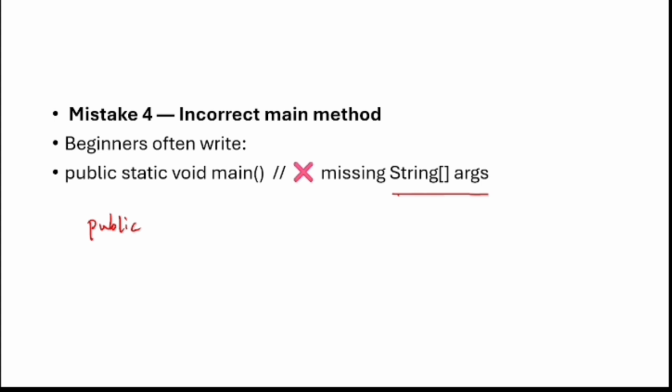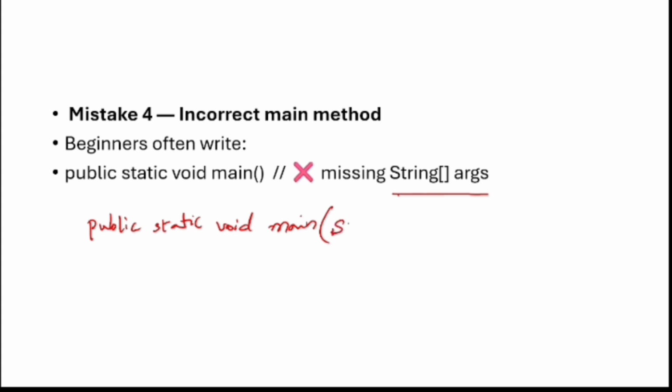The actual program execution starts from the main method. And there is a standard line for that: public static void main. Inside main you need to pass the arguments.